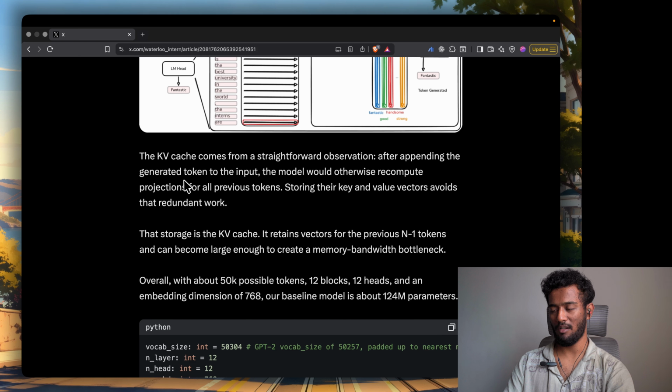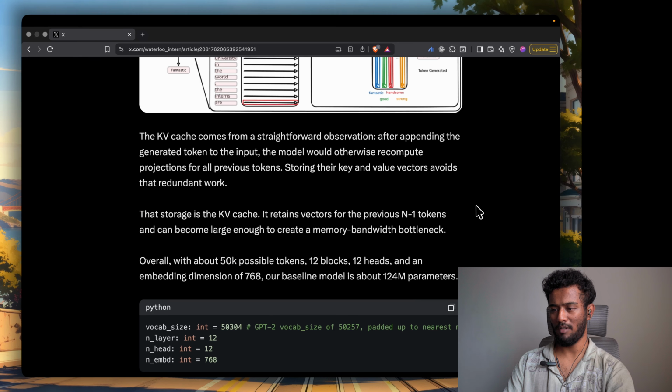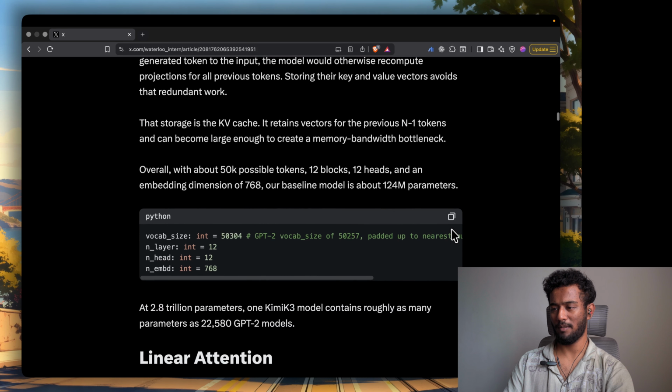After appending the generated token to the input, the model will otherwise recompute projections for all previous tokens. Storing the key and value vectors avoids this redundant work. That storage is the KV cache. It retains vectors from the previous n-1 tokens and can become large enough to create a memory bandwidth bottleneck. You can only scale the KV cache so much before even that becomes a bottleneck.